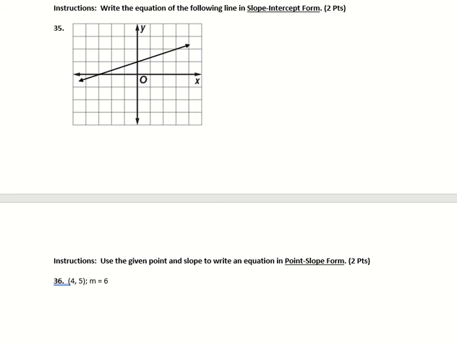Instructions. Write the equation of the following line in slope-intercept form. Number 35. We have our graph of the equation. We need to work backwards to find the equation and write it in slope-intercept form.